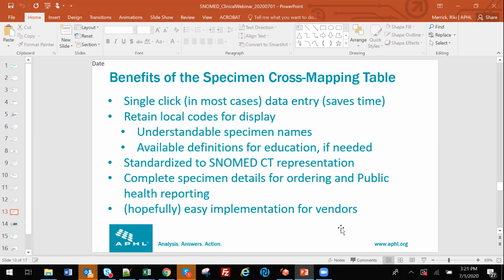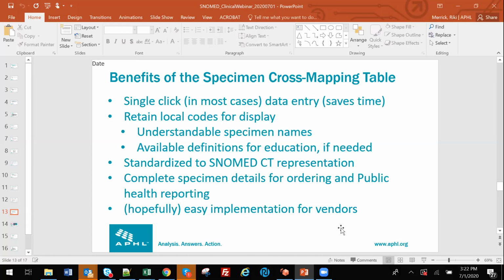So what are the benefits of the specimen cross-mapping table? The idea is that it could be a single click data entry for the physician or the person ordering the specimen and describing the specimen when they're submitting it for testing. We can retain the local codes for display so that they're understandable in the local arena, and we have available definitions for education if needed.